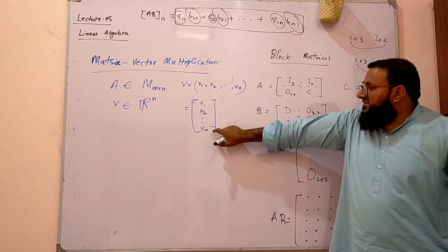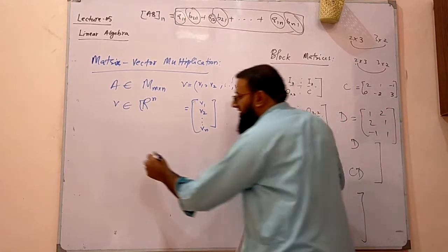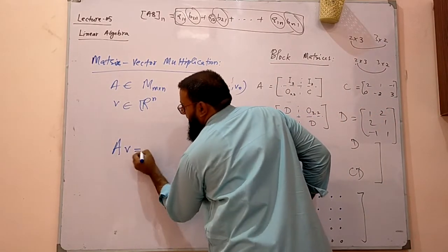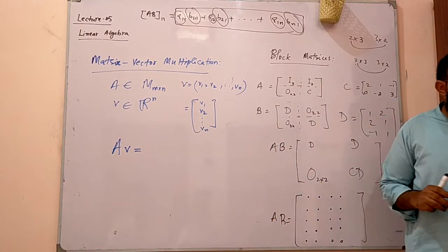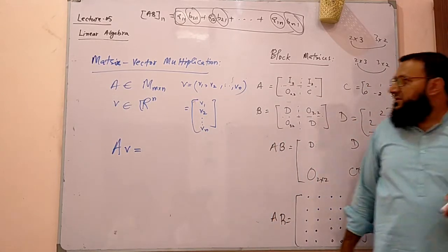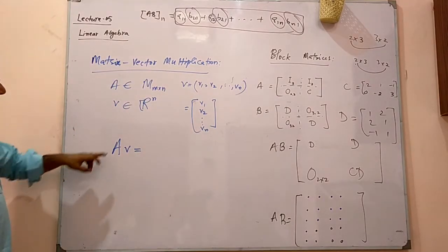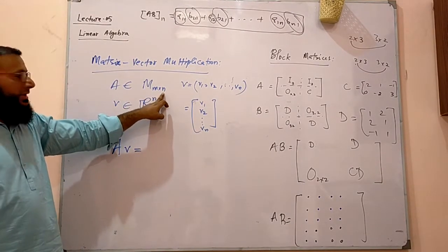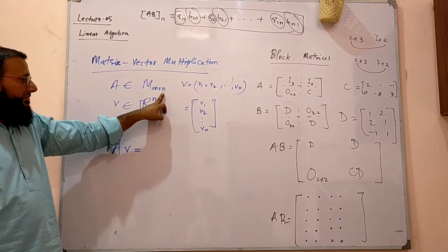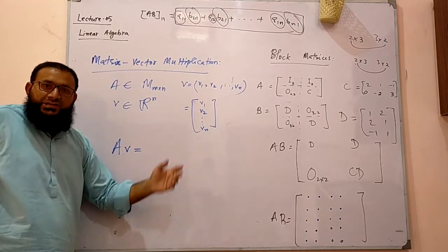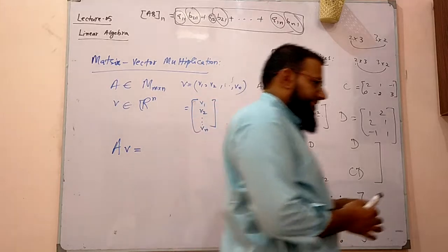So this is a vector V. Can I find this product? What is the order of A? m×n. Yes, it's possible. How many columns? How many rows? How can we do it?